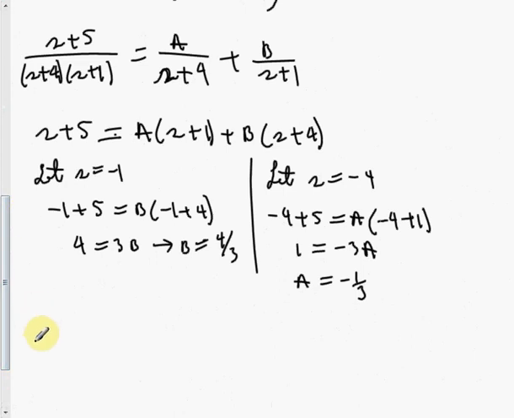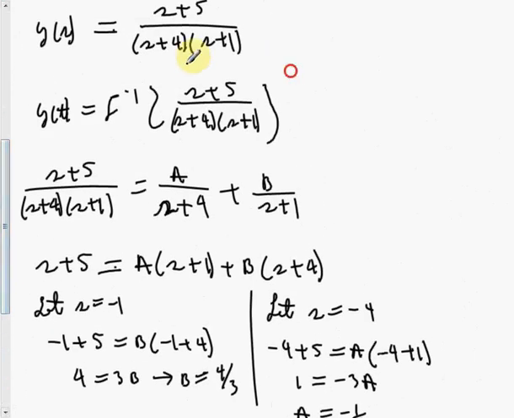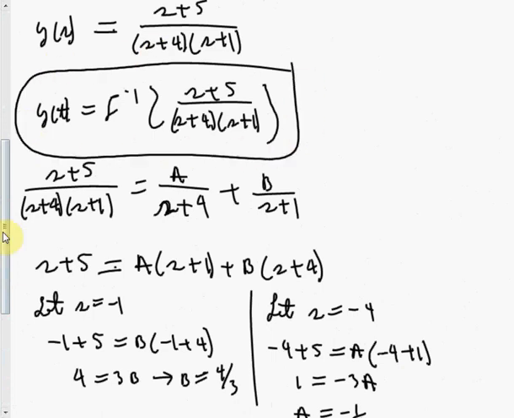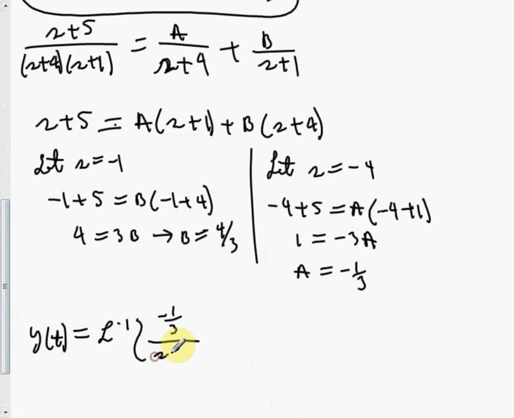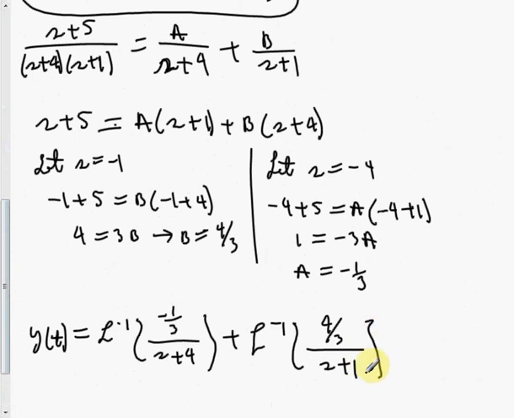Let's see what we have. This is y of t, looking at this guy right here. That's equal to the inverse transform of the A, which is -1/3, and that's over S plus 4, plus the inverse transform of B, that's the 4/3 over s plus 1.